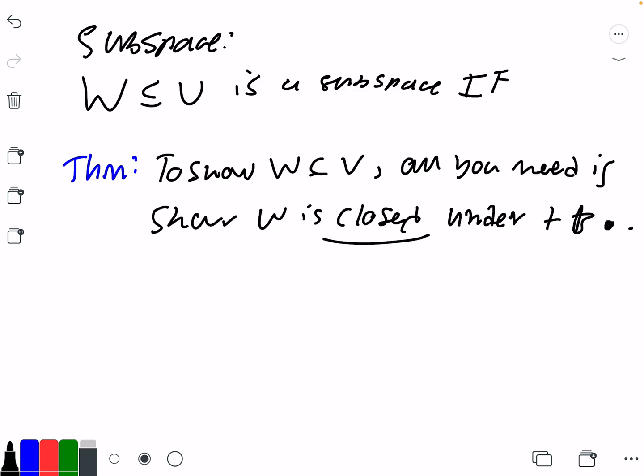What we mean by closed is that you don't get an element outside of the subspace if you perform the operations from the parent using elements within the subset.